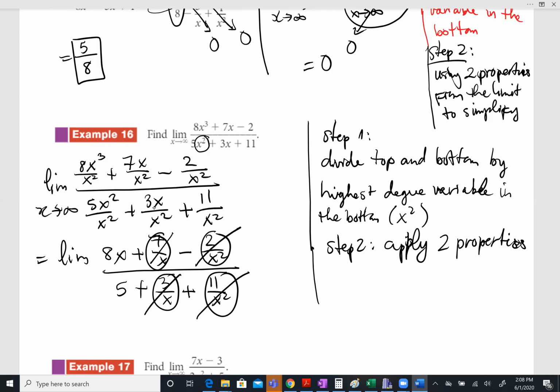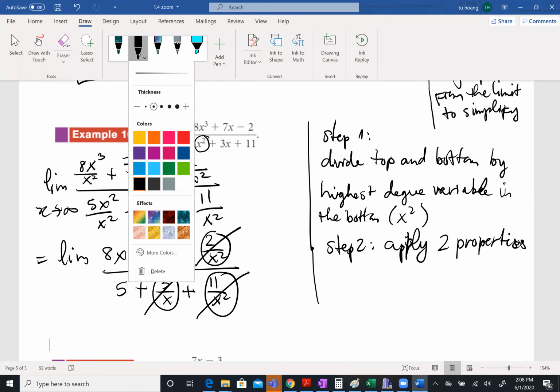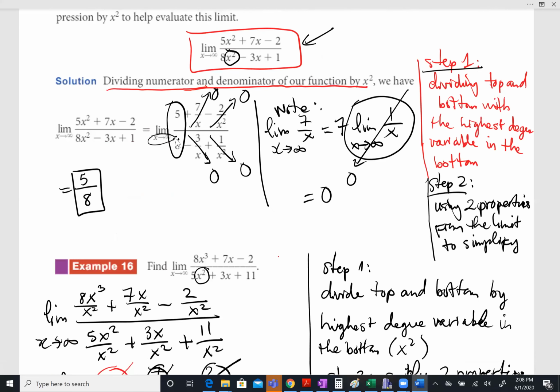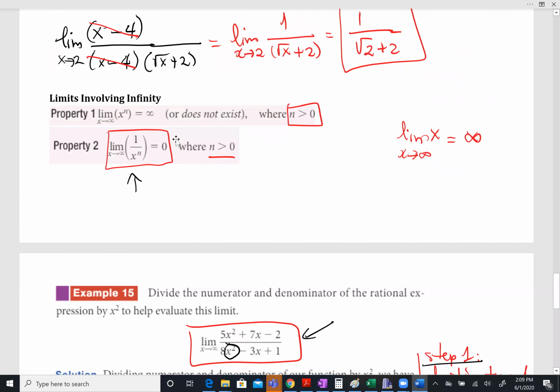But there is one term that will not go to 0, which is 8x, and that will go to infinity because of the first probability here.